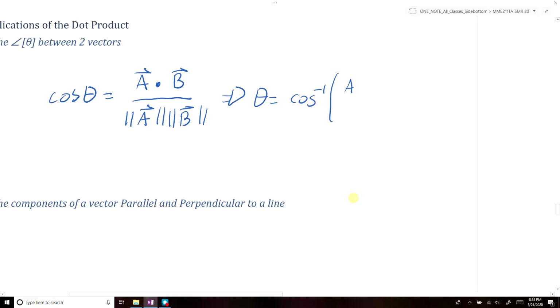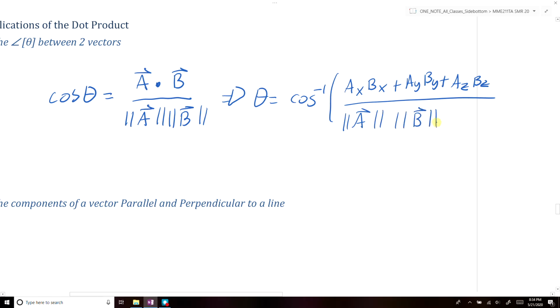A dot B, which we just solved for in the last video, is equal to the sum of AX times BX plus AY times BY plus AZ times BZ, divided by the magnitudes of vector A and vector B.